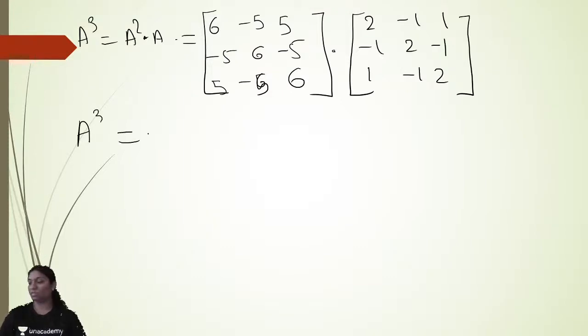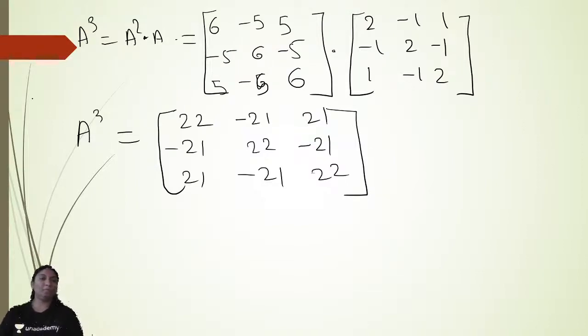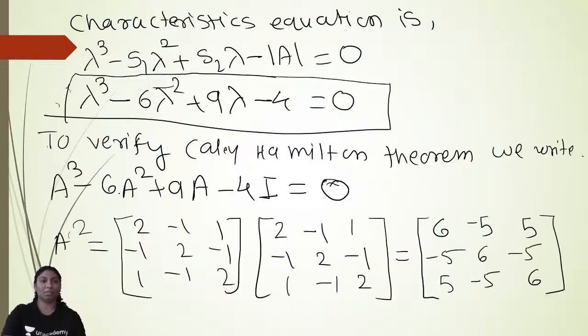So A cube is equal to, we will get 22 minus 21, 21 minus 21, 22 minus 21, 21 minus 21, 22. Okay, this is our A cube. Now put all the values of A cube, A square, A and I here.